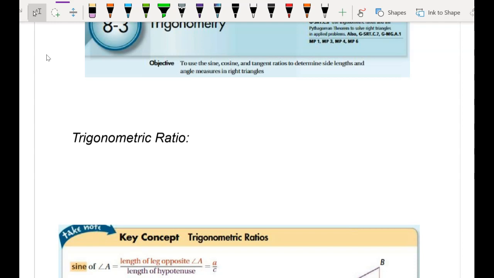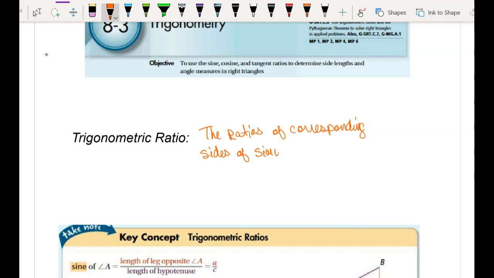Trigonometric ratios are the ratios of corresponding sides of similar right triangles. And we have sine, cosine, and tangent.